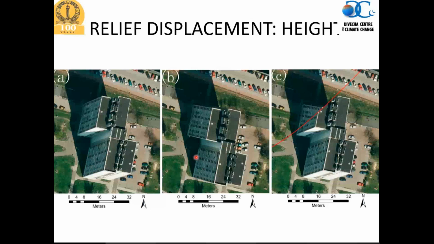That shift is because the satellite has taken the picture at an angle, and it has created the parallax. Now this parallax, or the relief displacement, using characteristics of the glaciers, characteristics of the sensor of the satellite, its altitude, and various other things, you can generate the DEM.